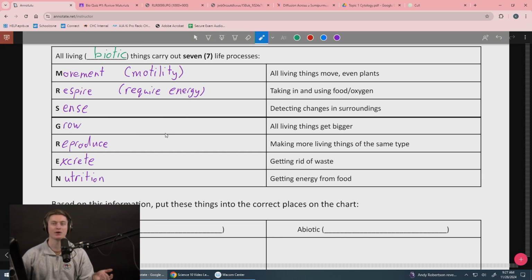So if you're thinking about water from our last example, water can definitely move around, but the water molecules themselves don't reproduce. They don't change size. They don't grow. They don't excrete waste. They can't sense the environment. So even if a non-living thing has one of these, it doesn't mean it's a living thing. You need to have all of these in order to be classified as a living thing.